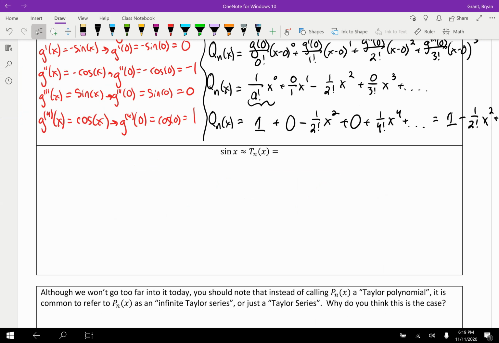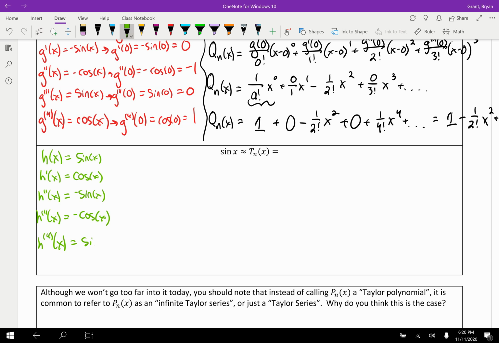Alrighty. So working with sine, and I'll switch colors from what I did up above, we are going to see that same pattern. I think I used h to represent sine up above, so we have sine of x. H prime is going to be cosine, of course. The second derivative will be negative sine, and the third derivative will be negative cosine, and that makes my fourth derivative equal to positive sine, which is back where we started.